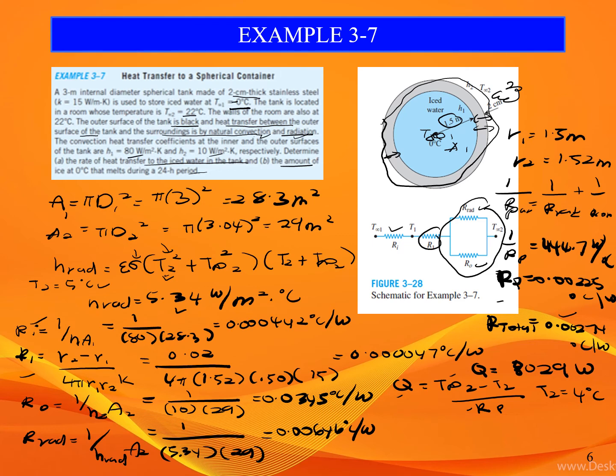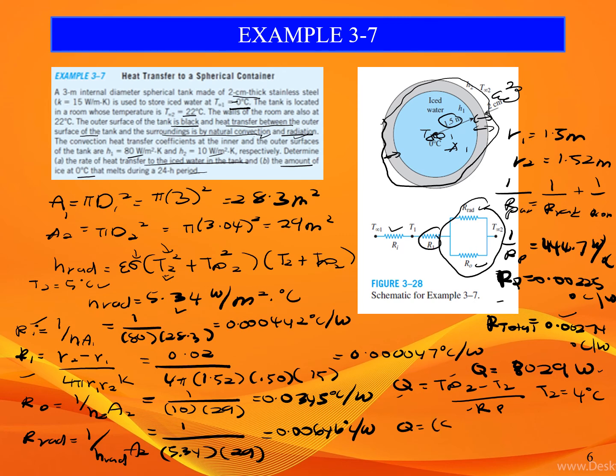Okay, the second question, they want to know the amount of ice at 0 degrees Celsius that melts during the 24 hours period. Remember just now this one is kilojoule per second, so you want to know the kilojoule, the heat transfer itself, not the rate of heat transfer.